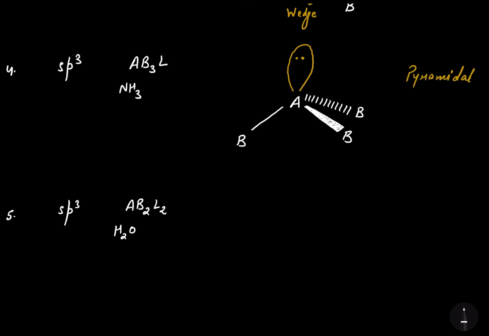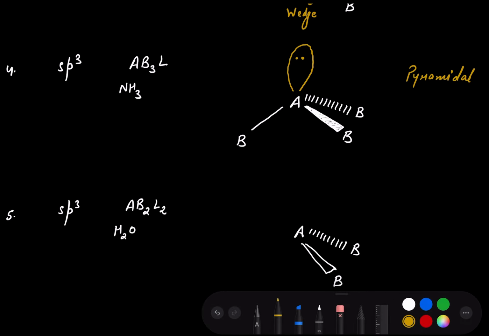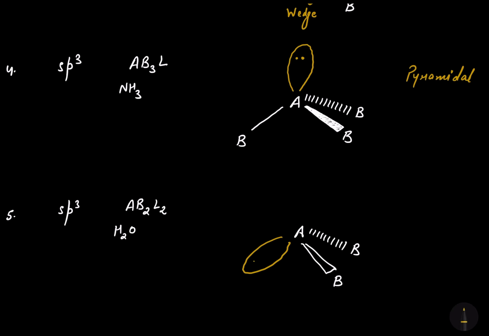Now A is present over here, that's B, that's B on the wedge, and one lone pair over here and one lone pair over here. Here we again ignore the lone pairs while naming the structure, and this structure is called bent shape, or we can also call it V shape.